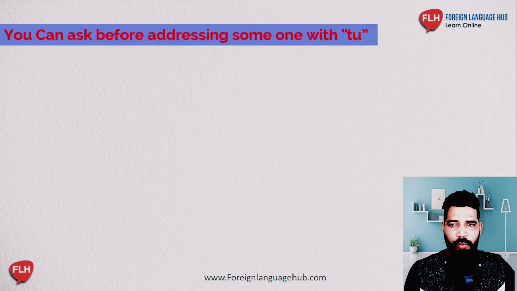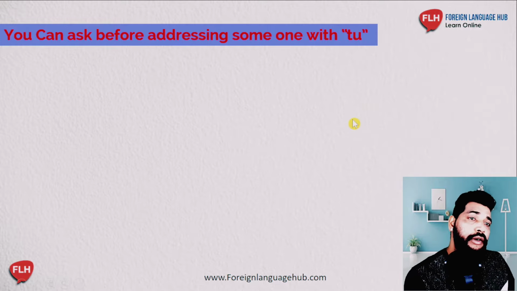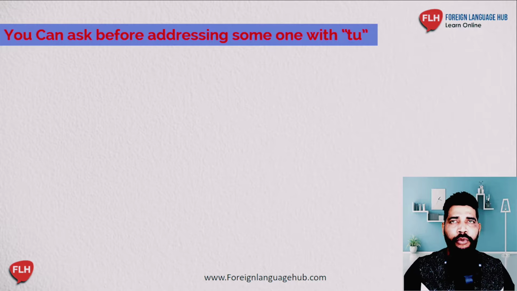Let's move ahead with, okay, now there is a thing. When you are talking to someone, you met someone, you know someone, and you are being formal with them, and you think it's a level you are very comfortable with that person, you can ask them. Obviously you cannot use tu with someone without asking them, or without having a comfortable behavior with them. So it's similar to tu in Hindi.